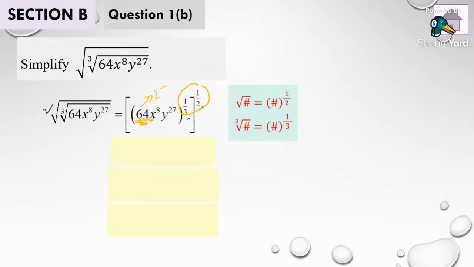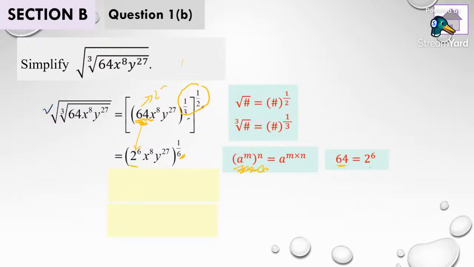So my next part of the calculation, first I base on the power of indices. So I take the power multiply. 64 is actually 2 power of 6. And as a result, in the next line, this is the change that happened. First, power of 1 over 3, power 1 over 2, power multiply becomes 1 over 6. 64 turns into 2 power of 6.